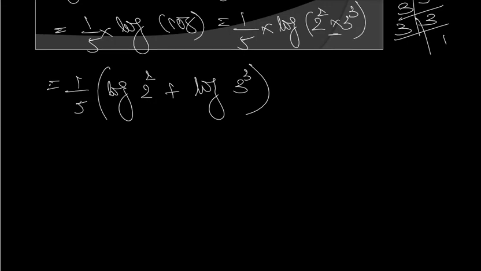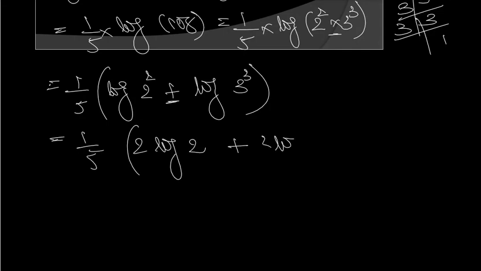The multiplication got converted into addition and both the numbers got the log sign in front of them. So 1 by 5 multiplied by, okay, what happens to 2 square? Can I write it as 2 log 2? Yes, plus 3 log 3.